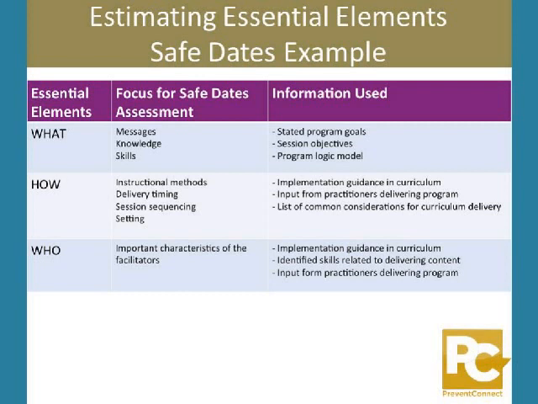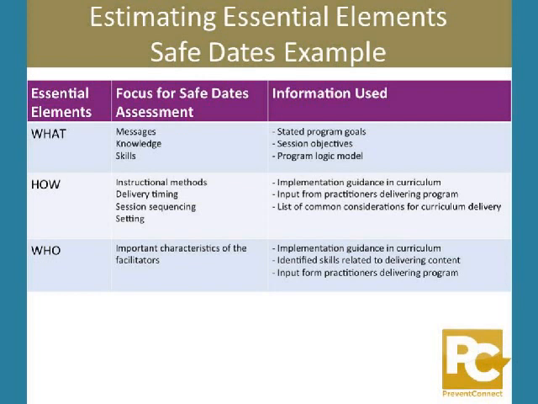For the how, the implementation guidance in the curriculum certainly provided some information about delivery, but this was where practitioners provided input about their specific context and settings. For example, some of the how had to do with the age groups they were implementing with and the timing they had for implementing in school.